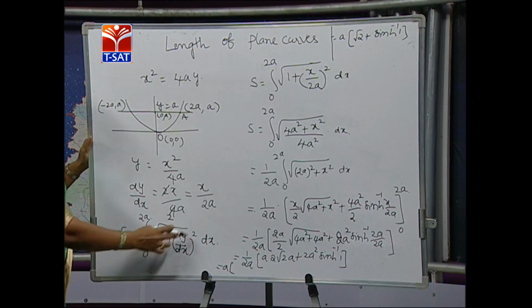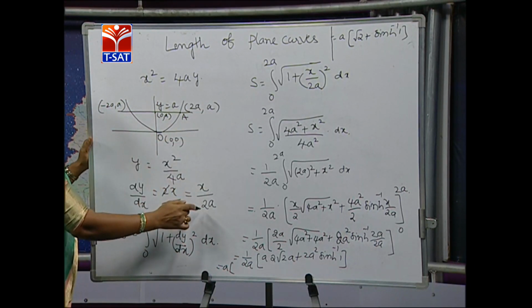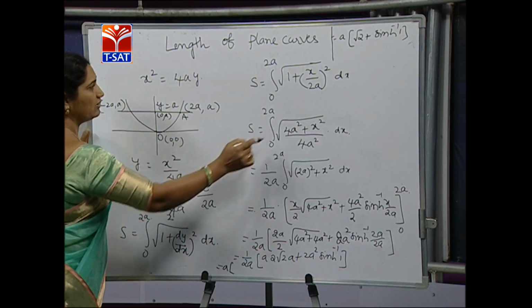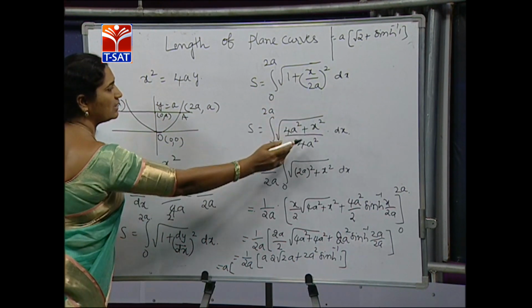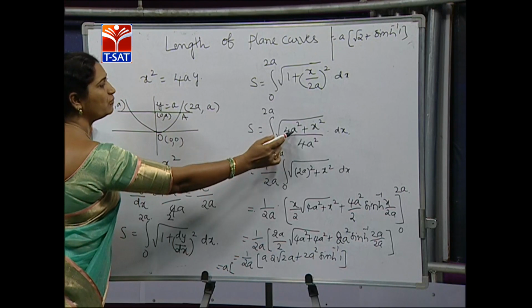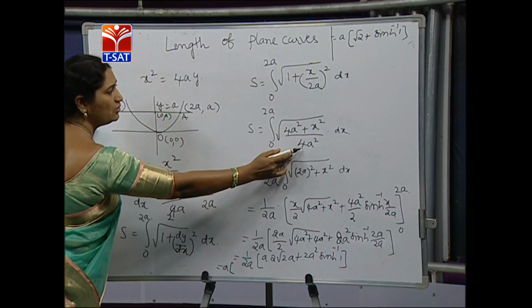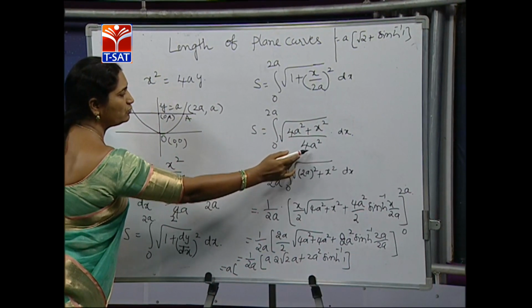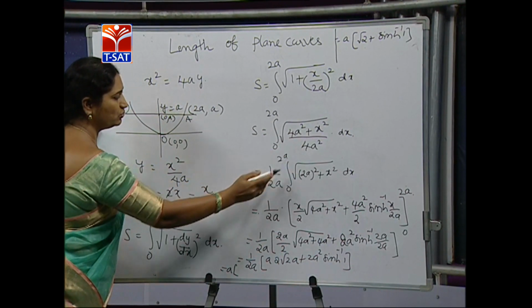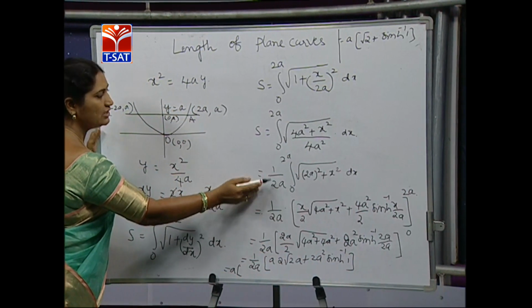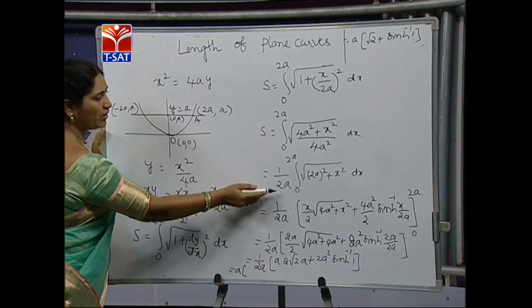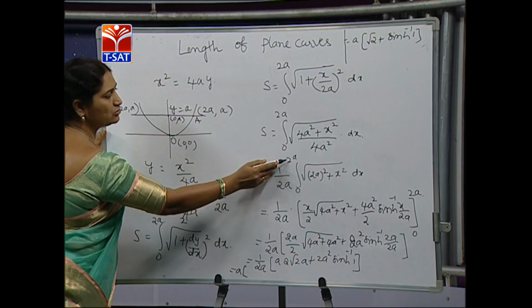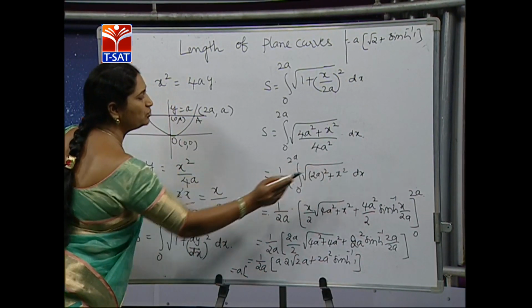Now, substituting dy by dx as x by 2a, on simplification what we are getting? 4a square plus x square by 4a square. Now, under root 4a square, if you take out from the root, we will get the value as 2a. So, I am writing outside the integral 1 by 2a integral 0 to 2a under root of 4a square plus x square dx.